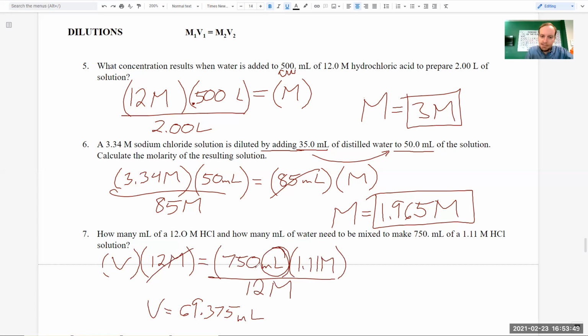Now, this is the different part. We know that the final volume is going to be 750 milliliters.